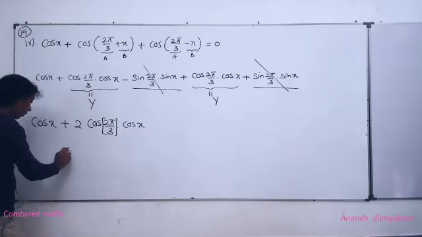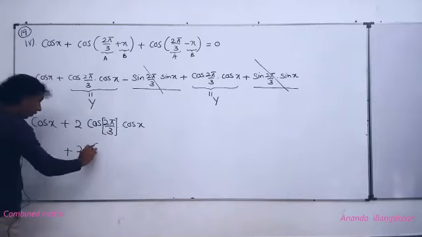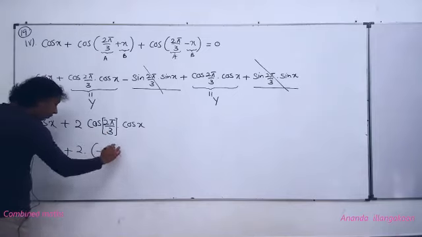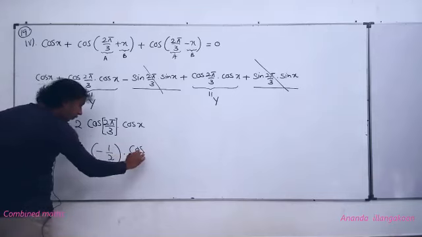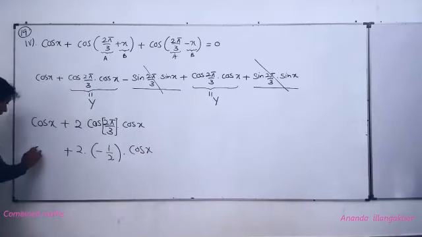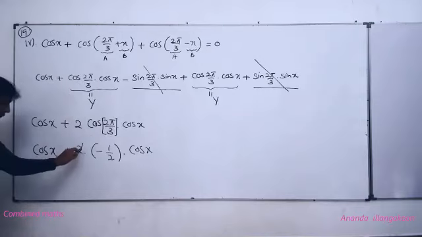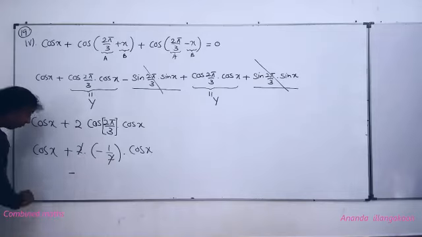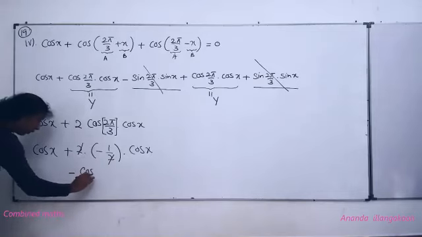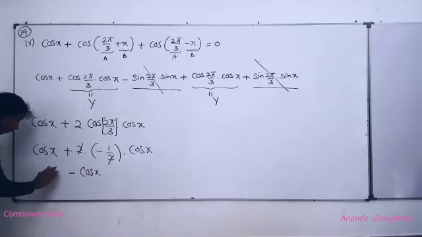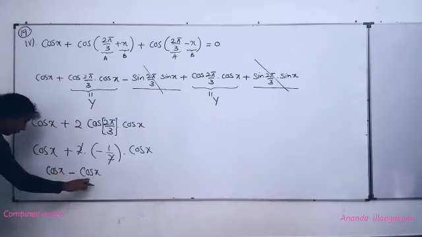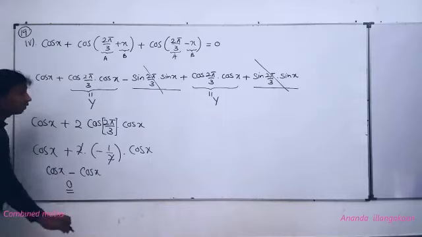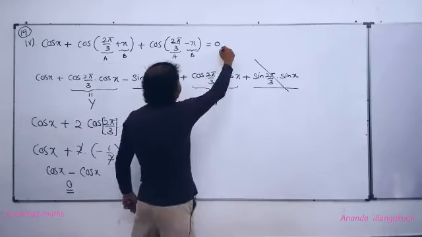Then we have 2 into minus half into cos x. Now you can see people, this 2 and this 2 you can cancel down. Plus and minus make minus. Cos x, and here cos x. Cos x minus cos x, this is 0. Correct, no? The answer is 0.